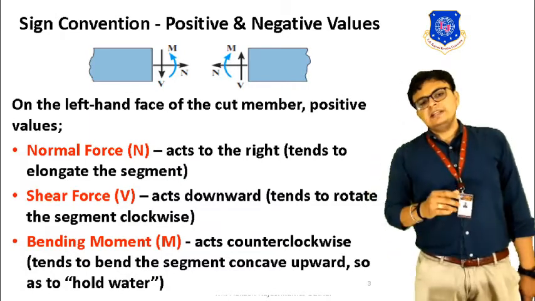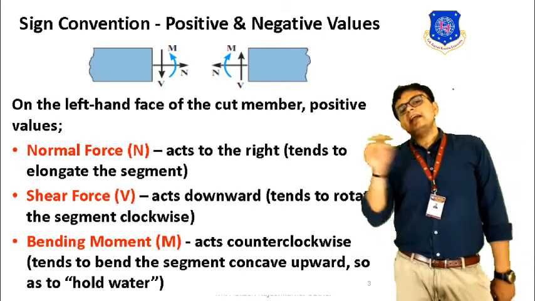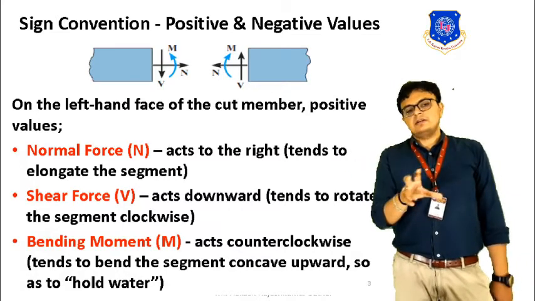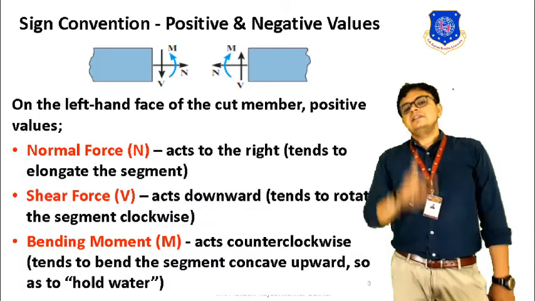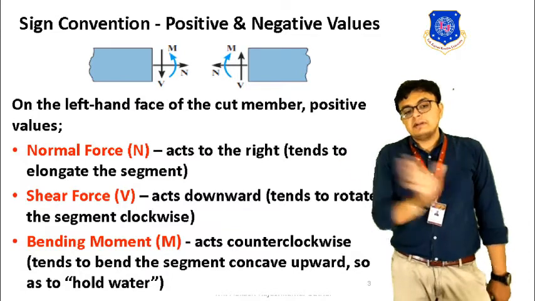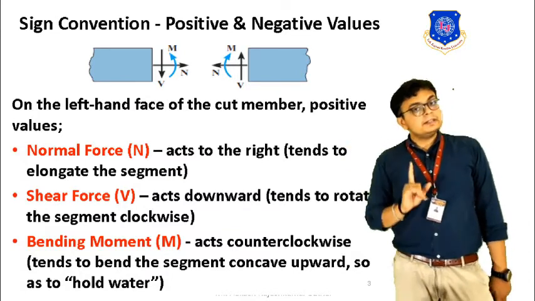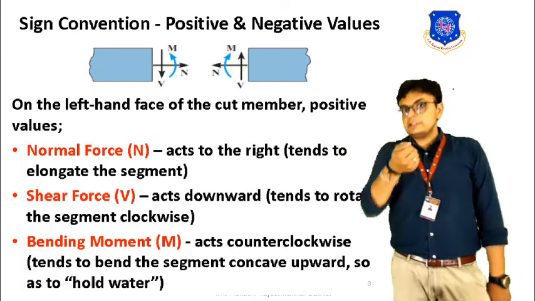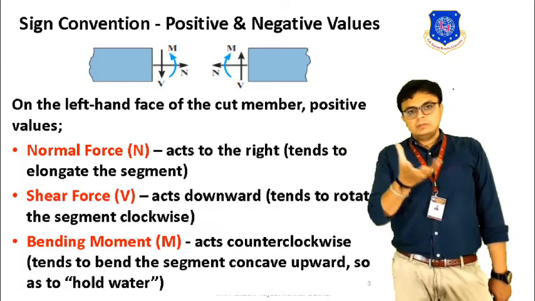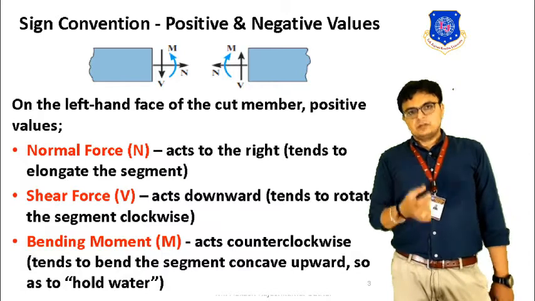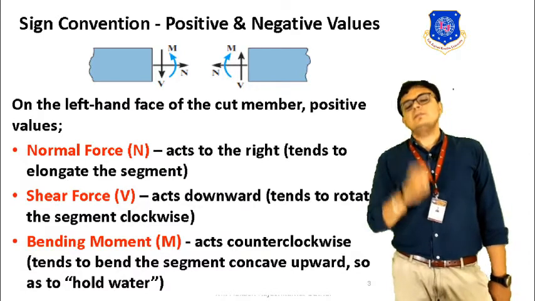So you can see over here there is an N value on the left side figure, moving towards the right. That will be termed as a positive value because it is elongating the section, so it is providing the tensile load. Tensile load is termed to be positive.